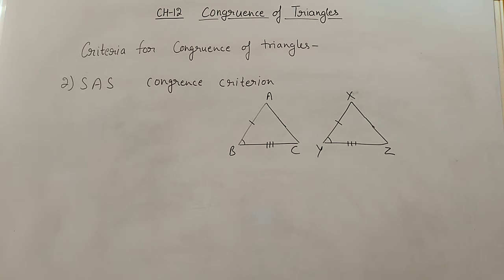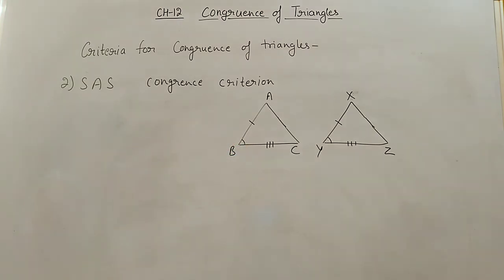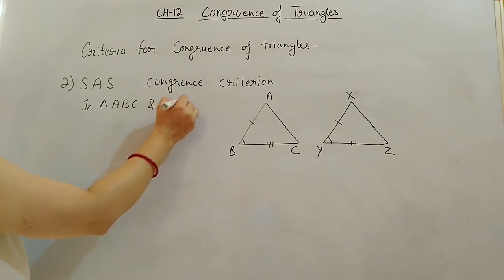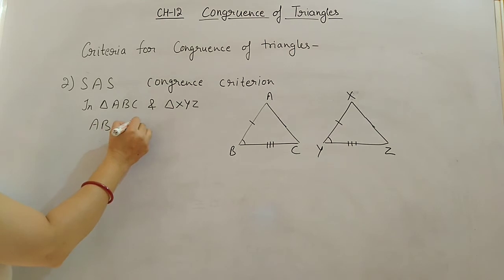Now the second criteria is SAS, meaning side, angle and side. So side, angle, side means this angle is the included angle, meaning this angle is between these two sides. So here two triangles are given, XYZ and ABC. In triangle ABC and triangle XYZ, you can see AB is equal to XY.